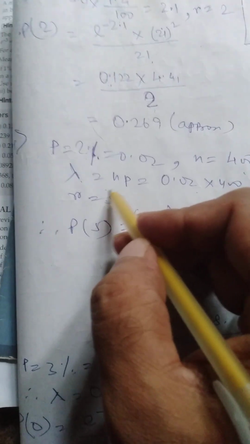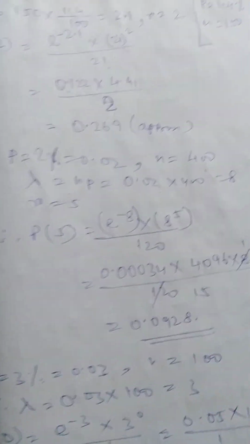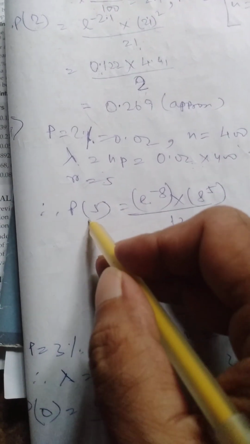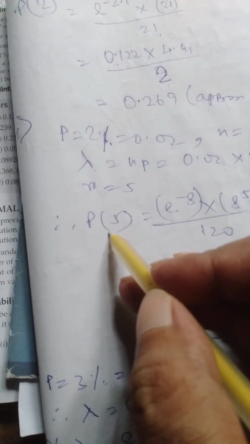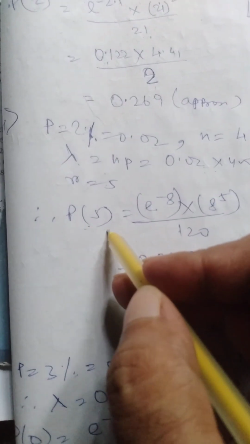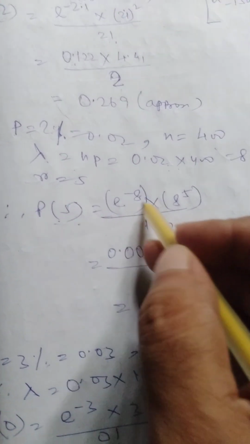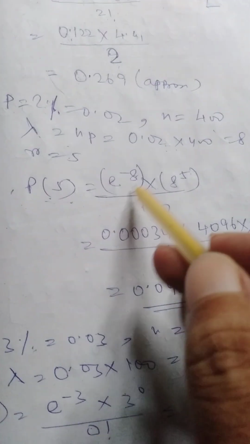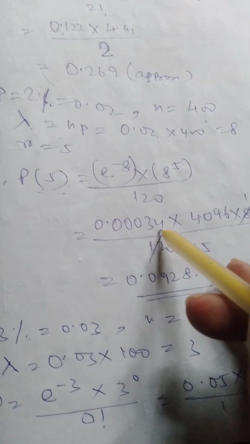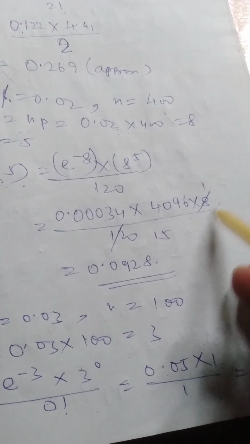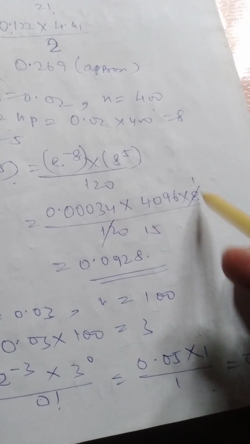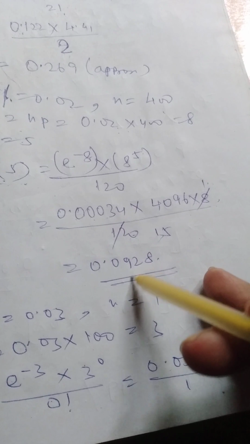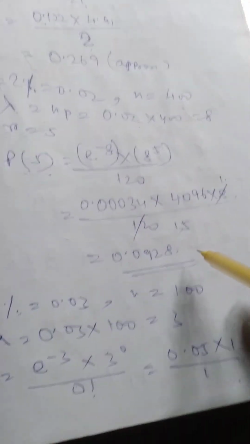So lambda is equal to n into p, 0.02 into 400 make it 8, and r equals 5. Therefore P5 equals e raised to minus 8 into 8 to the power 5 divided by 120. e to the power minus 8 makes it 0.0034 into 4096 into 8 divided by 120. Simplifying, which will make it 0.0928.